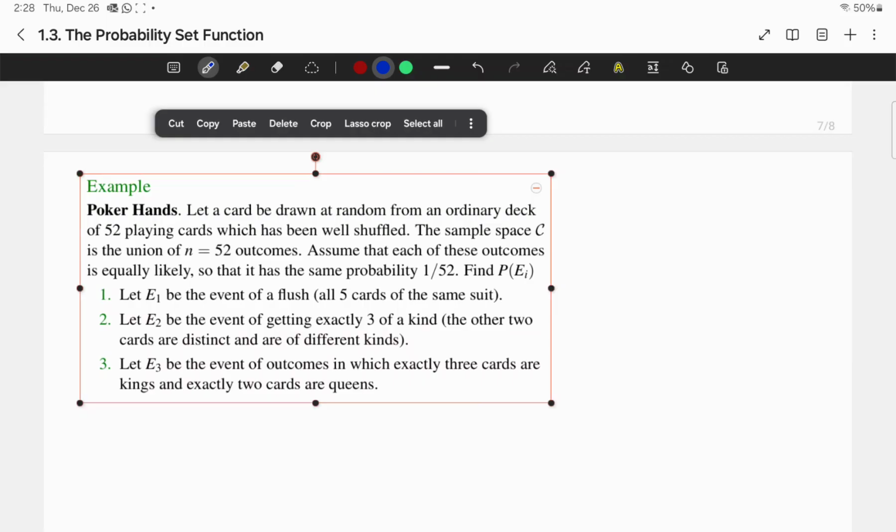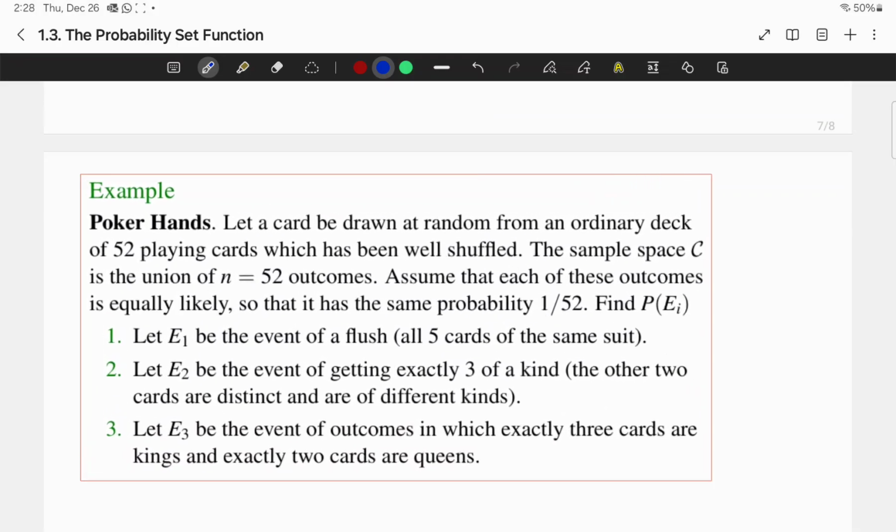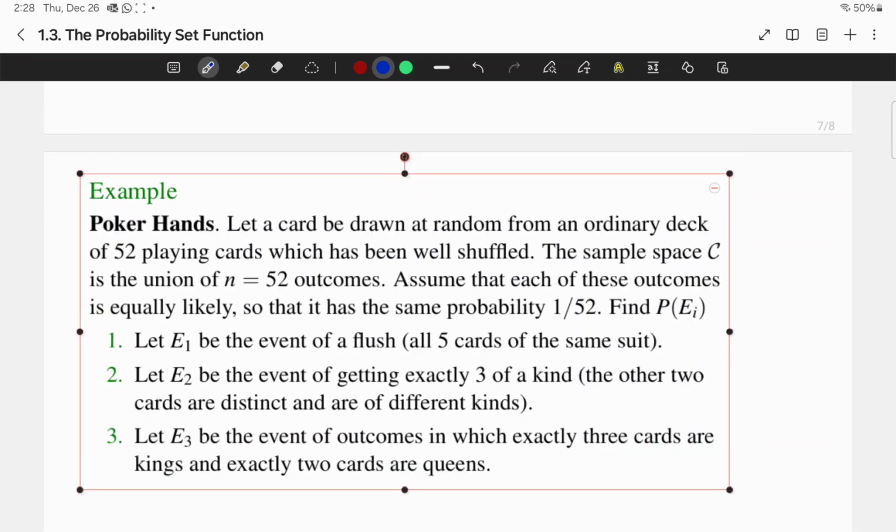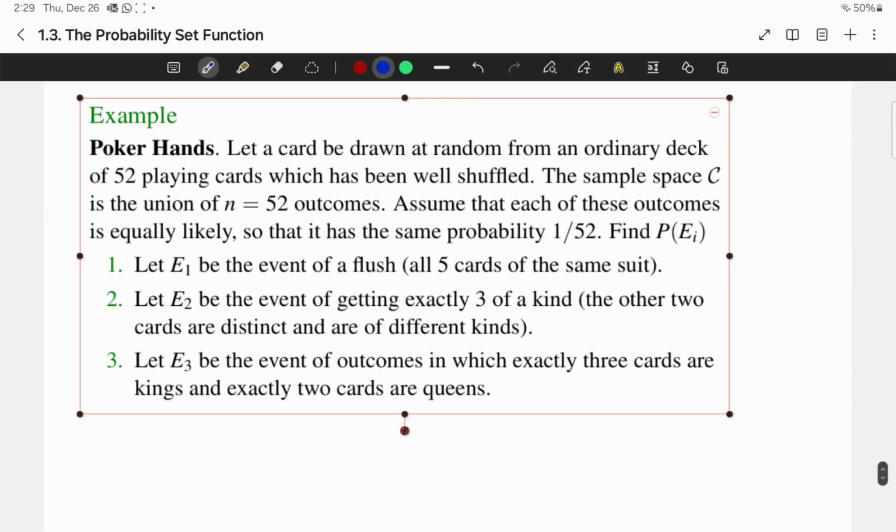Let a card be drawn at random from an ordinary deck of 52 cards, which has been well shuffled. So the sample space C is the union of n equals 52 outcomes. Assume that each of these outcomes is equally likely, so that it has the same probability of 1 over 52. So we have to find the probabilities.